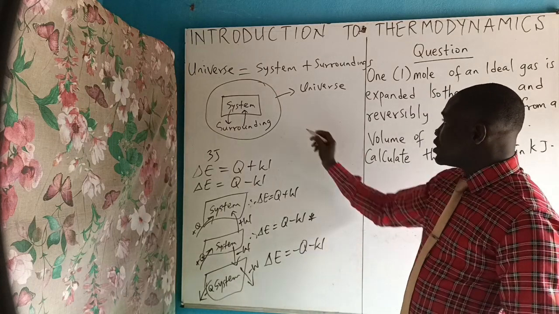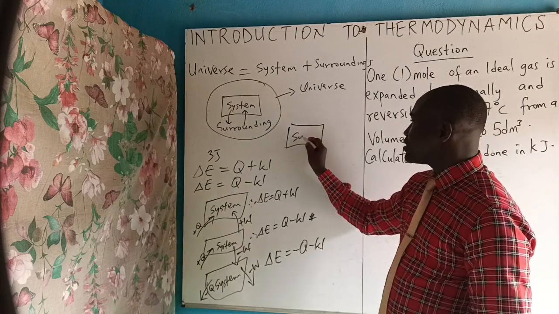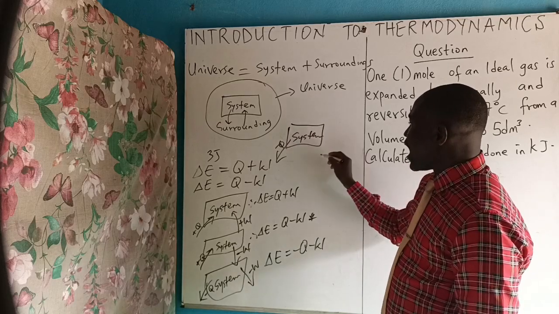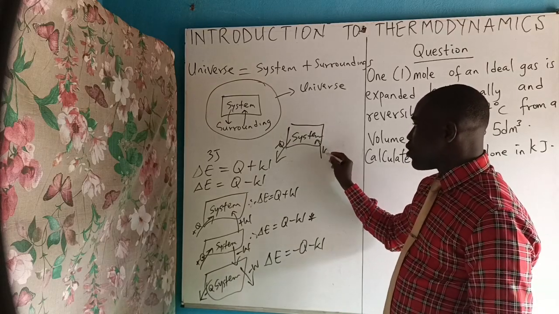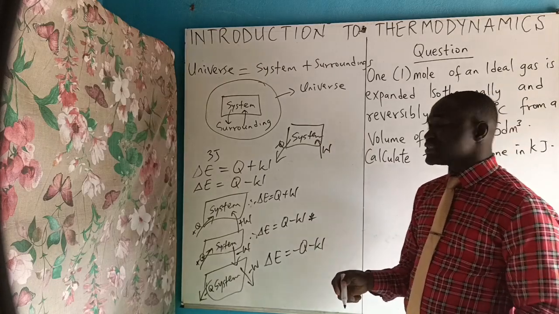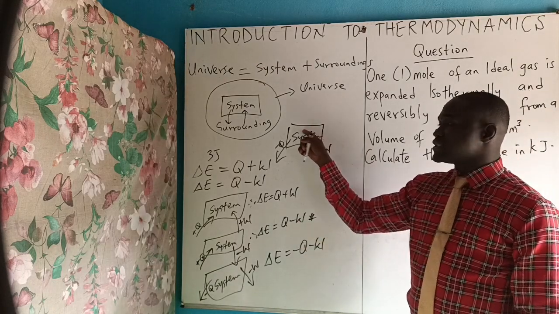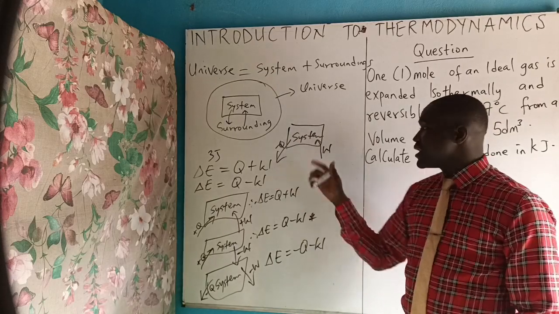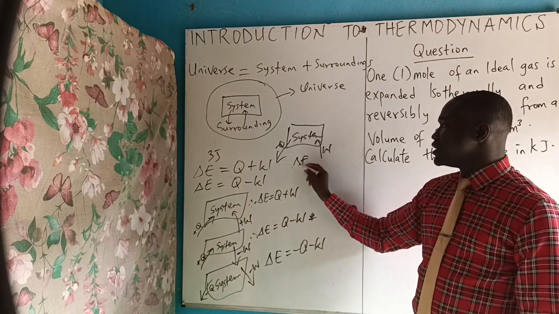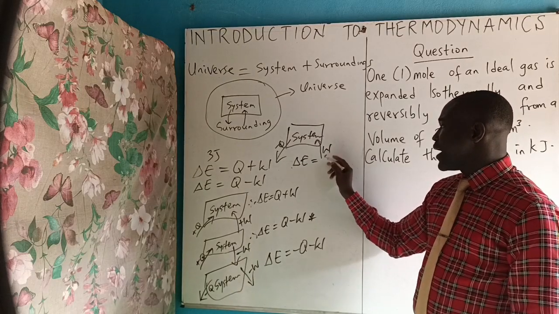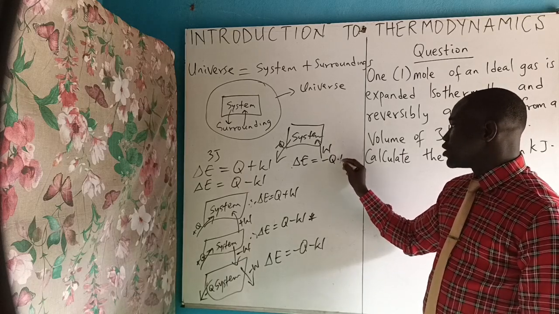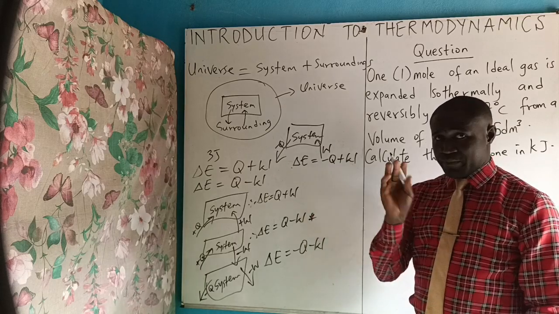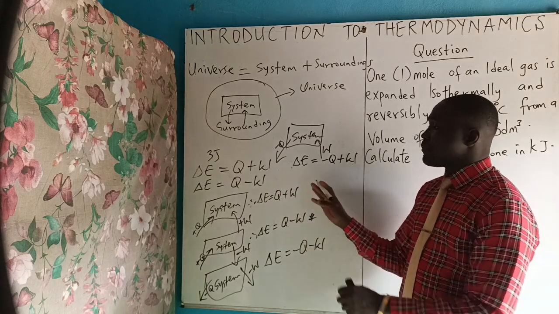Then if you are talking about the system again, and the system is losing heat energy to the surrounding and also gaining energy from work performed on the system. If work is performed on the system and the system loses heat energy to the surrounding, you notice that change in E is equal to minus Q plus W. You have seen that we can derive many formulas very important to be used when we talk about what happens on the system.